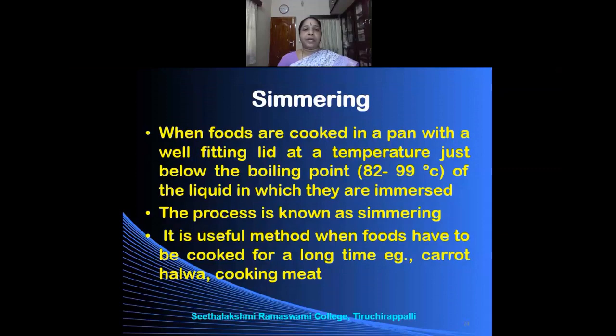In boiling, the temperature of the liquid we used was 100 degrees centigrade. But here we are using a temperature that is below boiling point, 82 to 99 degrees centigrade. Therefore, here the temperature used is lesser than the temperature used for the boiling method.